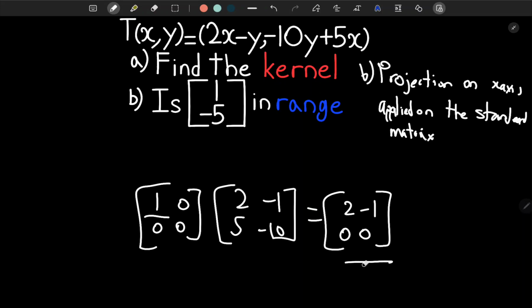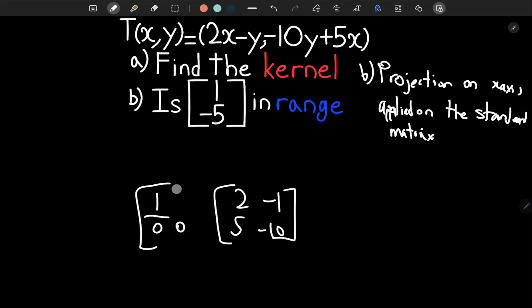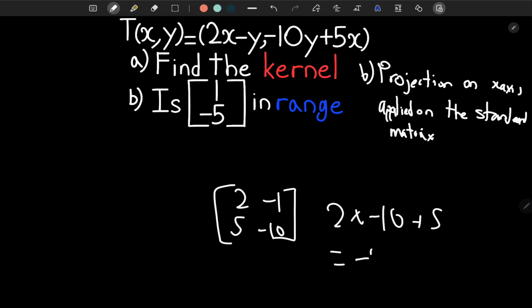Now let's do part A, the kernel, and let's use our shortcut method of the determinant. So it's going to be 2 multiplied by minus 10, minus, and then plus, since we have another minus 5, so this is going to give us minus 15, which is not equal to 0.